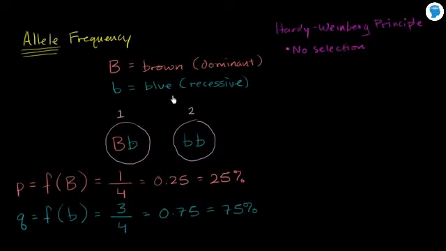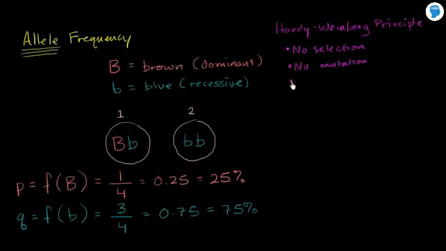So it's not like people with one of the alleles or another are going to be more or less likely to reproduce and have viable offspring. We're also going to assume no mutation. So we're going to assume that one of these alleles isn't turning into another one from generation to generation, or turning into a new type of trait, whether it's green eyes or whatever else it might be.